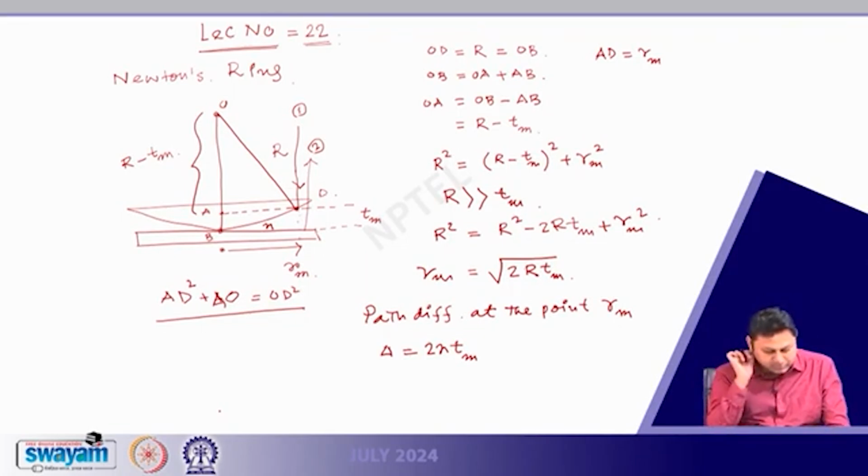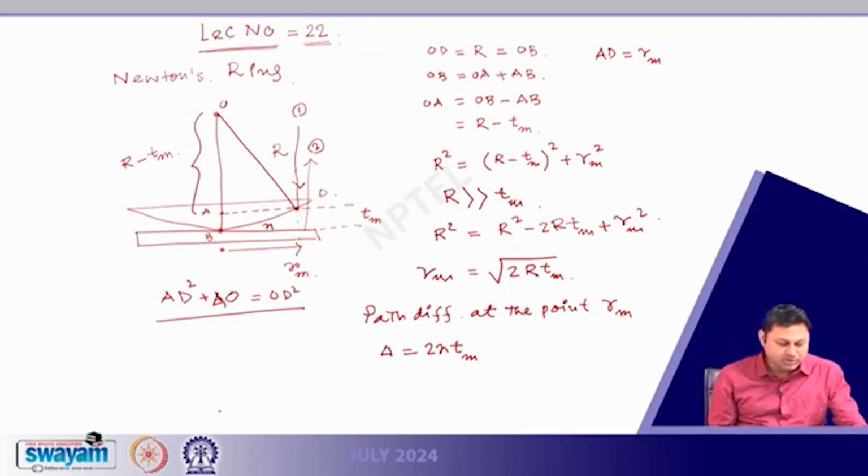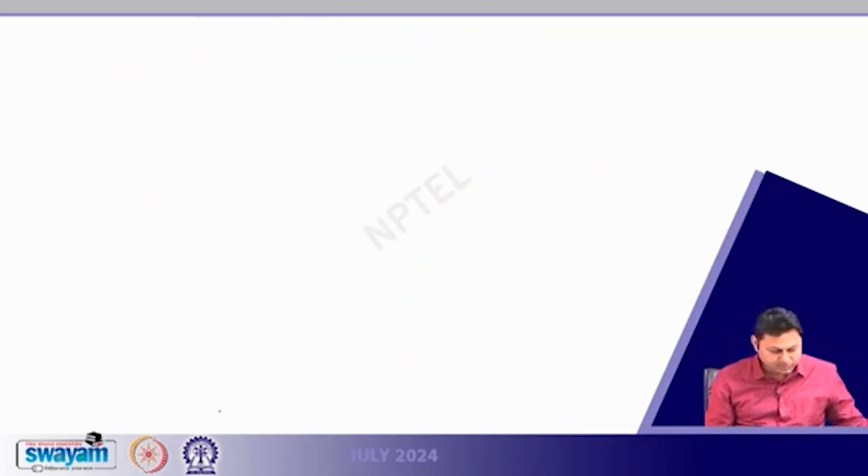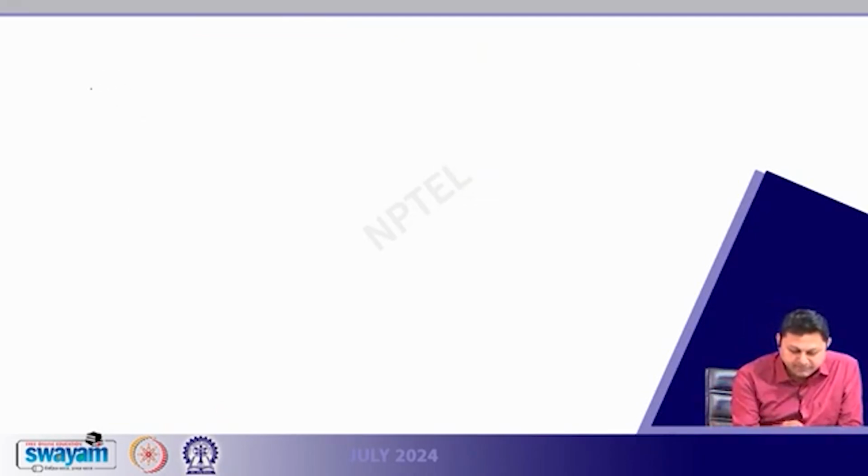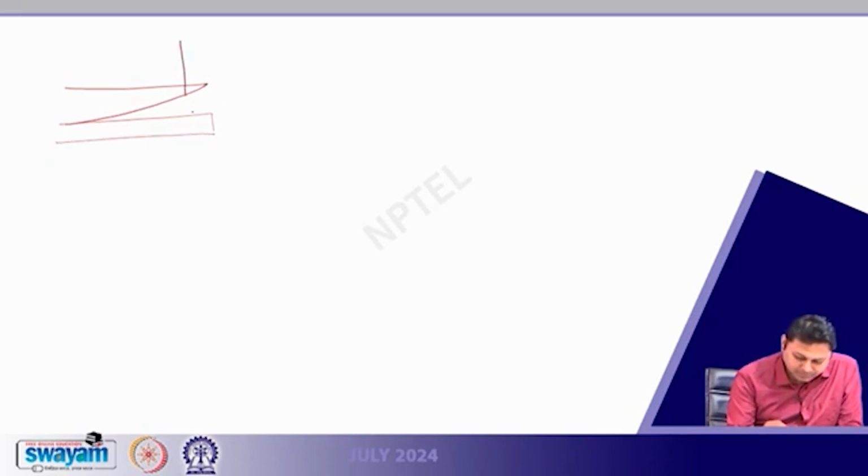Now, as I mentioned, at this point the two rays are going to interfere. So let me draw here how these two waves are going to interfere. This is the structure. We have this wedge-like thing, this is the slab we had, and the ray will fall here first and go here, and another ray will be reflected from here.